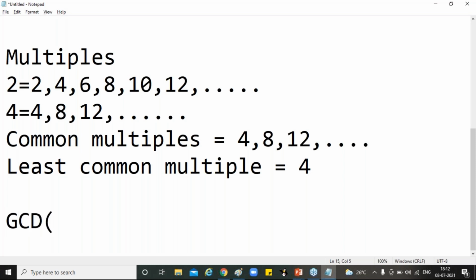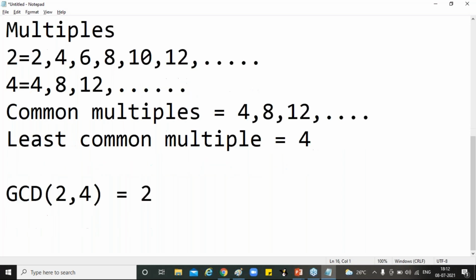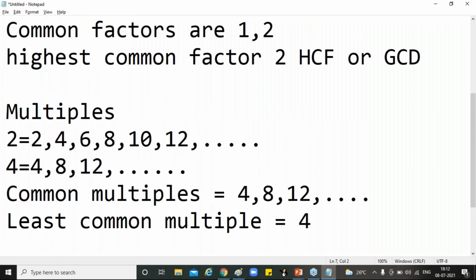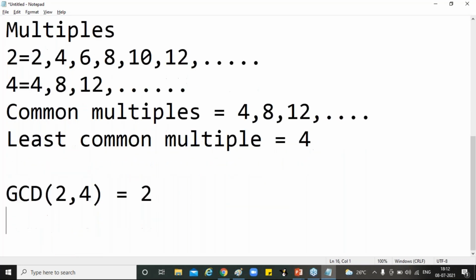So remember only 2 points here. GCD of 2 comma 4 is equal to 2, we already found previously. Second one, LCM of 2 comma 4 is 4.